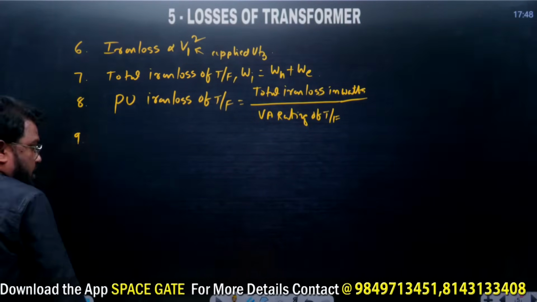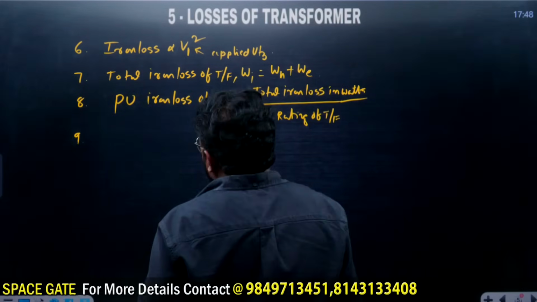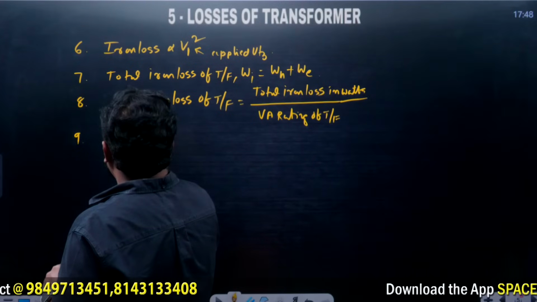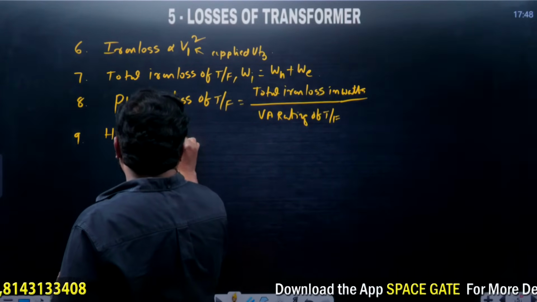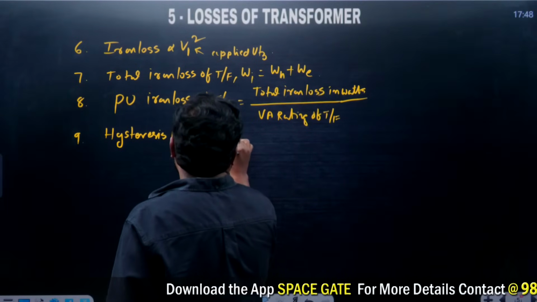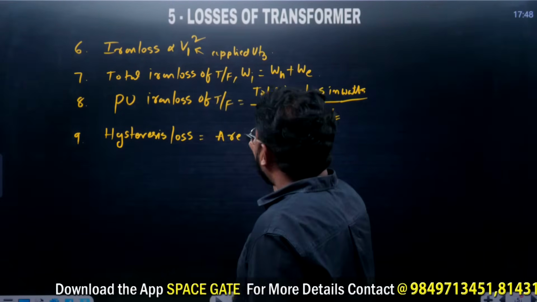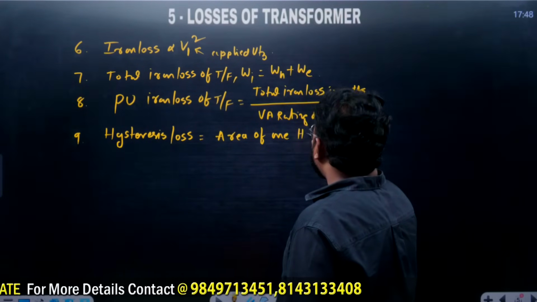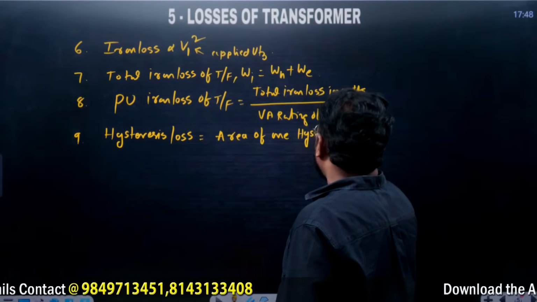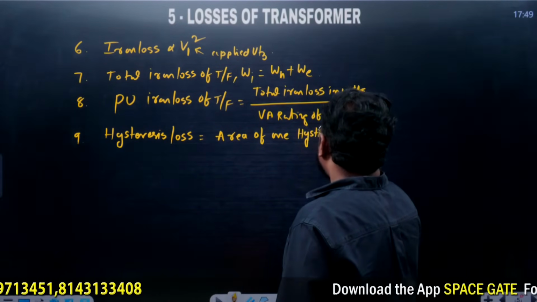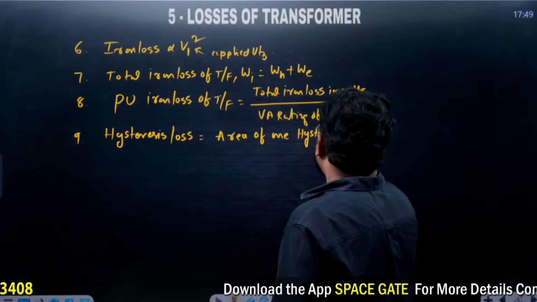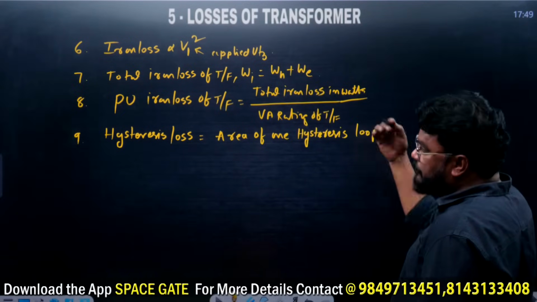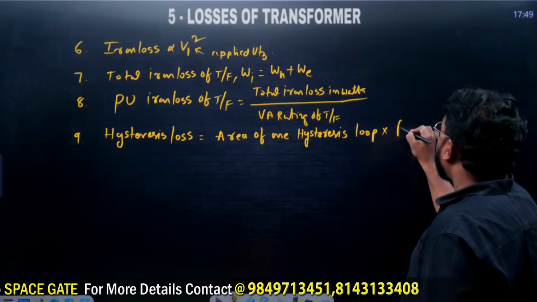And another possibility of the question: what is the formula to find out hysteresis losses? Hysteresis loss is equal to the area of one hysteresis loop, or BH loop, multiplied by the number of hysteresis loops, that is nothing but frequency.